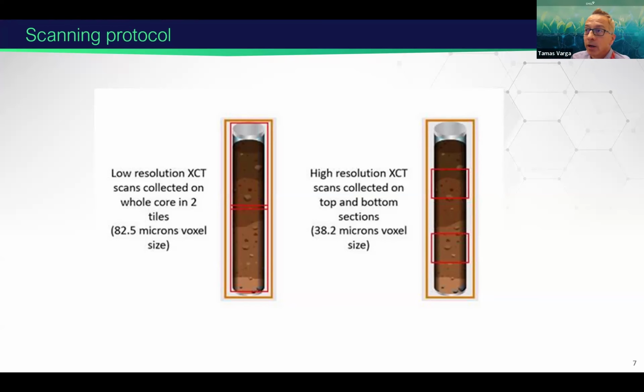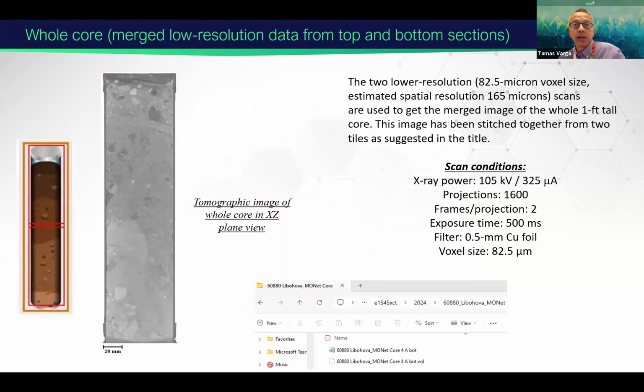That's done on the high resolution data. Again, for the whole core scan, this is an example of merged data in the image. It gives you a nice picture of the soil horizons and the heterogeneity of the soil. This is not high enough resolution to do full pore network characterization, and that's why we collect the other 2 data sets.